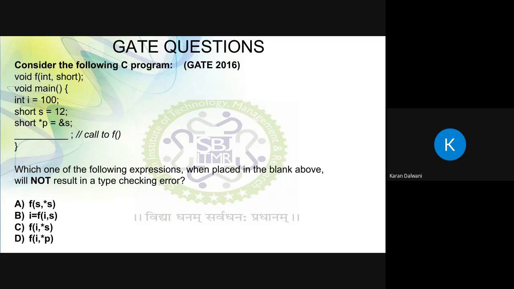As you can see, there is no pointer variable by the name s in our program. So the first option is dismissed, the first cannot be the option. Then we have three options B, C, D, and from those you can choose the correct option.